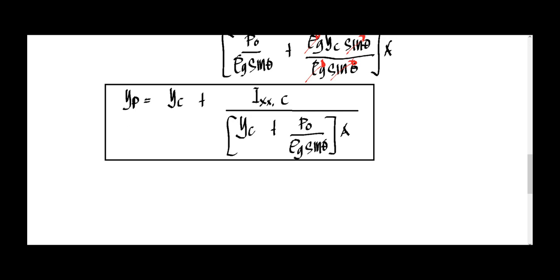Now for the case where the atmospheric pressure is equal to 0, which is usually the case when the atmospheric pressure is ignored, the equation simplifies.